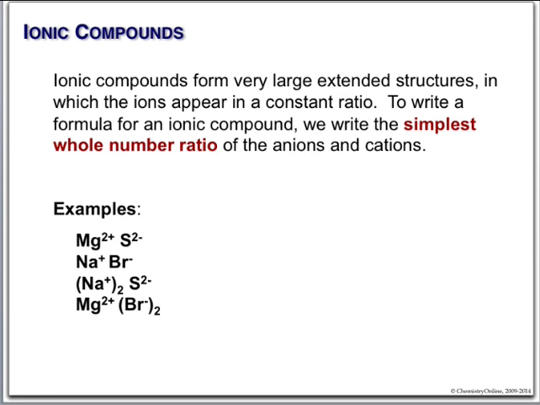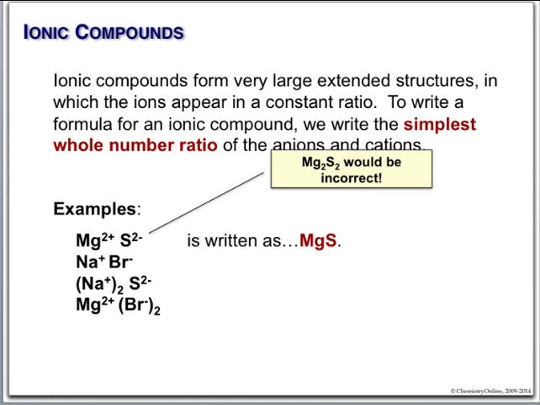To write a formula for an ionic compound, what you want to do is to write the cation and the anion in the simplest whole number ratio. So here we have 1 magnesium and 1 sulfur. We would simply write this as MgS. If you had written it as Mg2S2, it would still be neutral, wouldn't it?